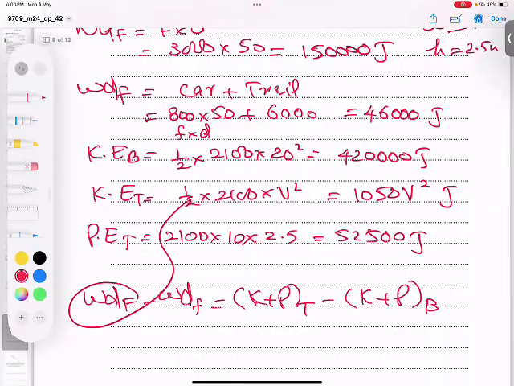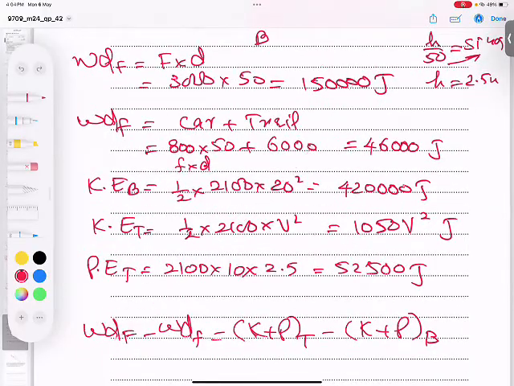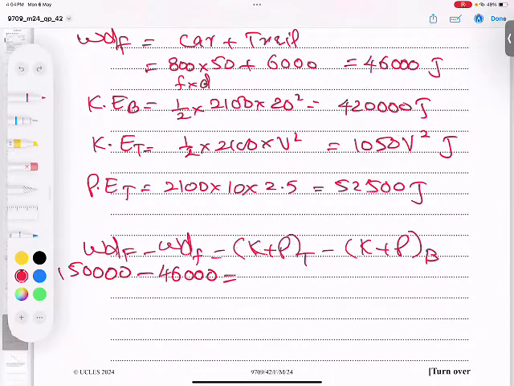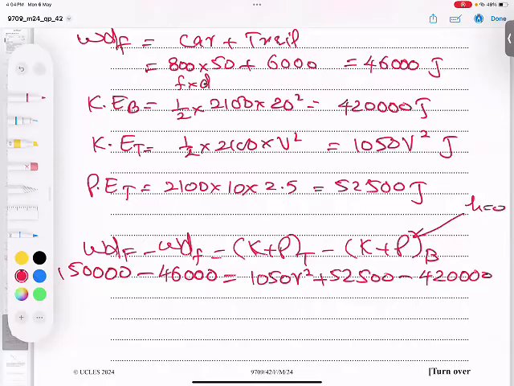Students, plug in all values. Applied force work, where is it? Let's find it. Is this? So 150,000, and this I got here, 46000. Kinetic energy on the top is here, 1050 V square. Potential energy at the top is this, 52500. Kinetic energy at the bottom is here, 420,000. Potential energy at the bottom is 0 because height is 0. Now, students, I'm leaving 1050 here and I will bring all other values.